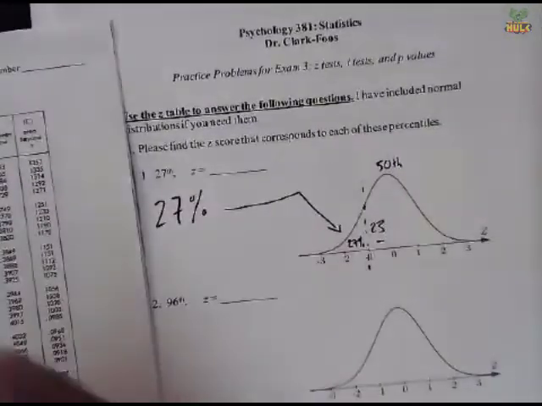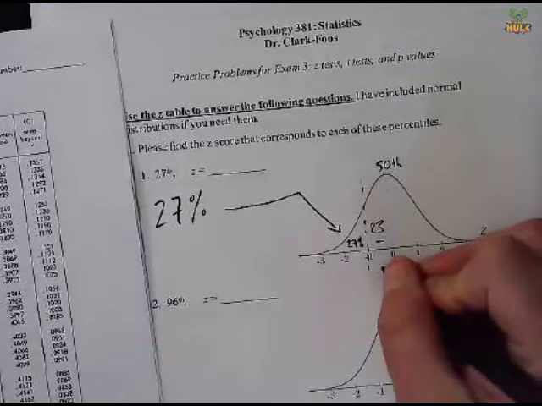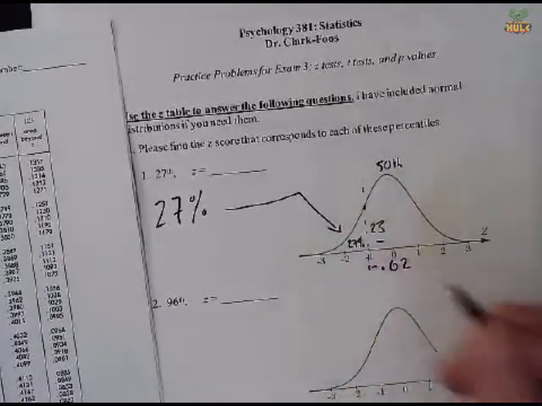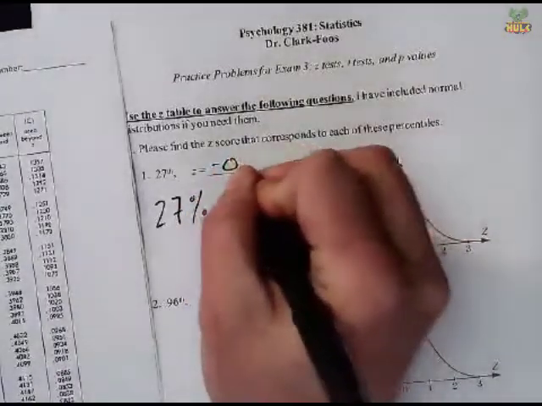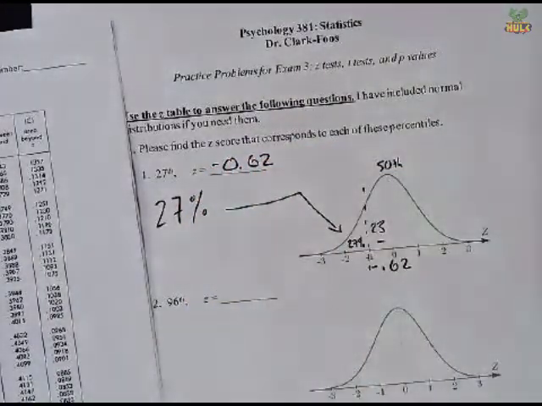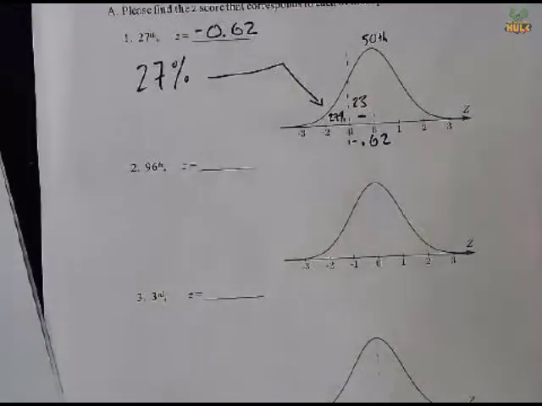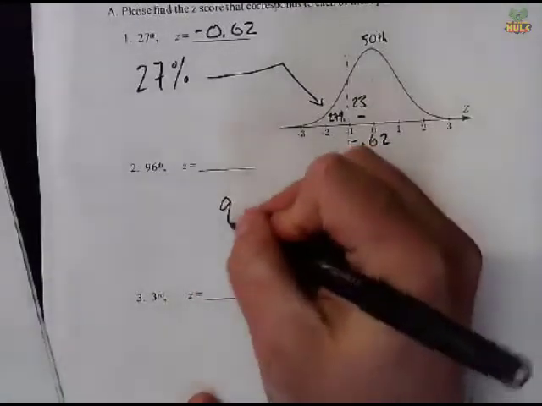That value, as we see in the table, is 0.62. Remember, it's below 0. We're on this half of the distribution, so it's a negative 0.62.